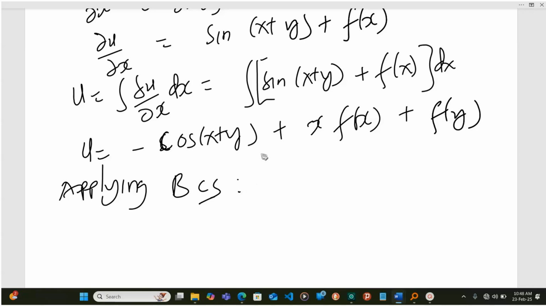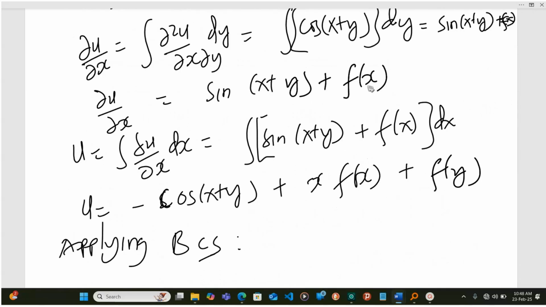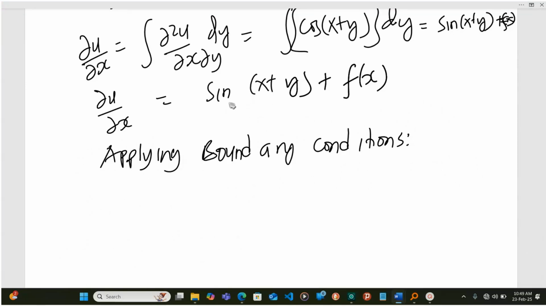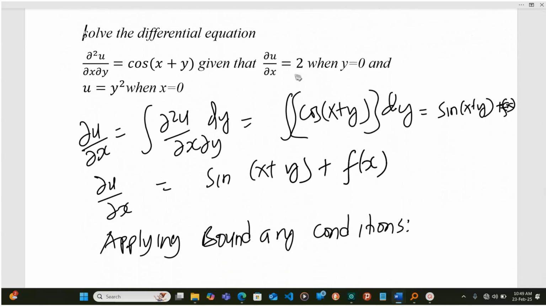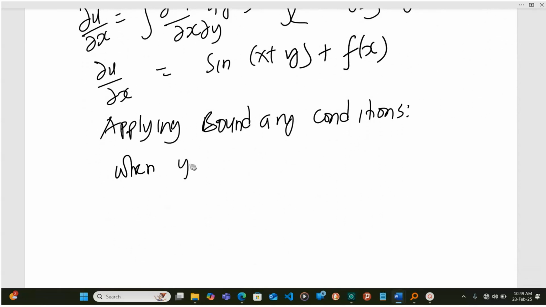So let's apply the boundary conditions. We are told that del u, del x is equal to 2 when y is equal to 0. So when y is equal to 0, del u, del x is equal to 2. So we substitute in here.